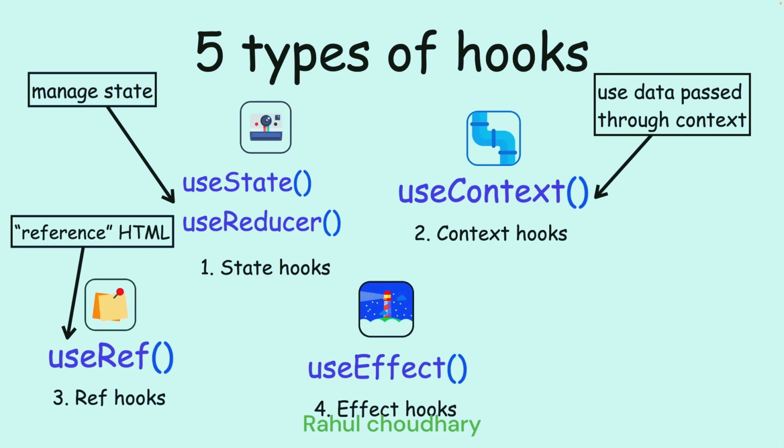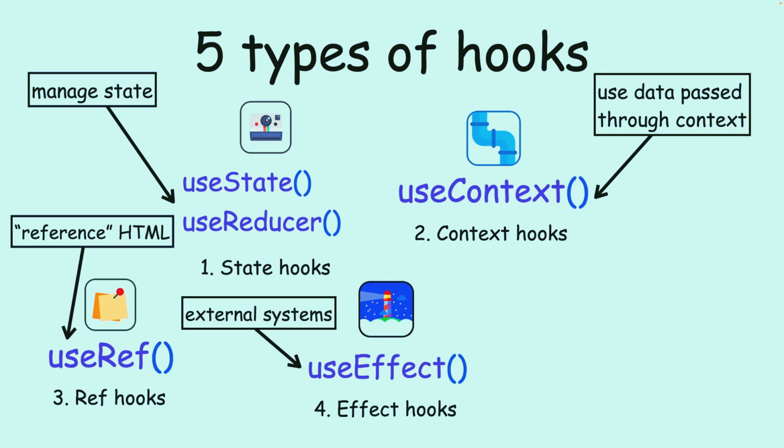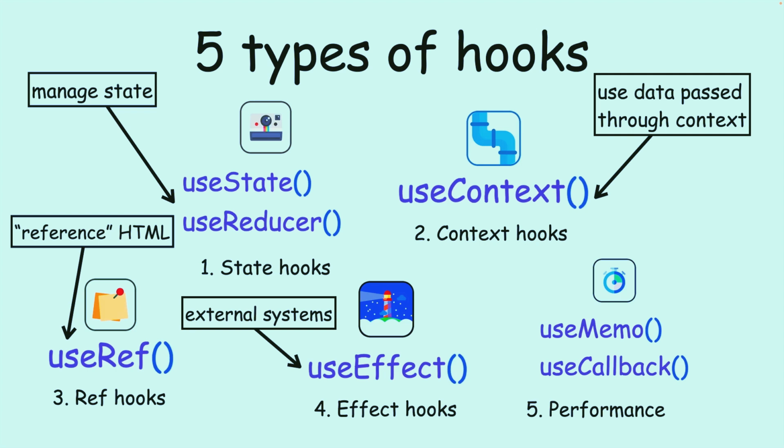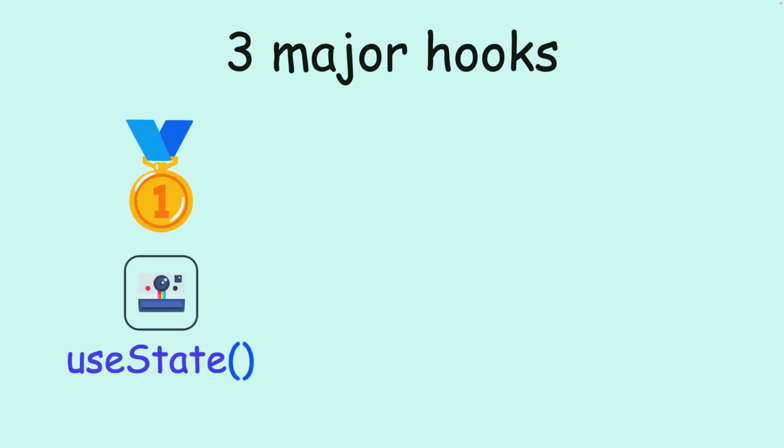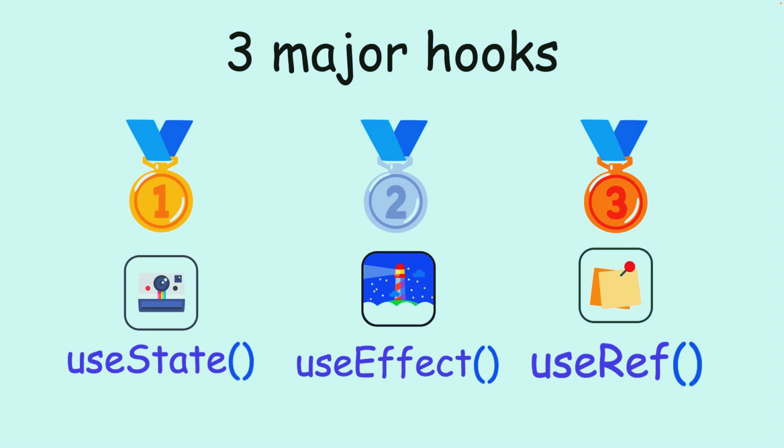Effect hooks like useEffect let you connect with external systems like browser APIs. And performance hooks like useMemo and useCallback, which can improve performance by preventing unnecessary work. You'll use all of these hooks at some point, but the majority of the time you'll likely use just 3 hooks in your React components: useState, useEffect, and useRef.